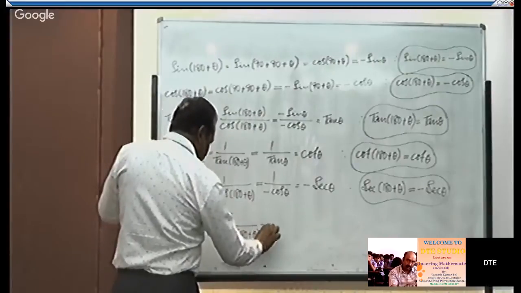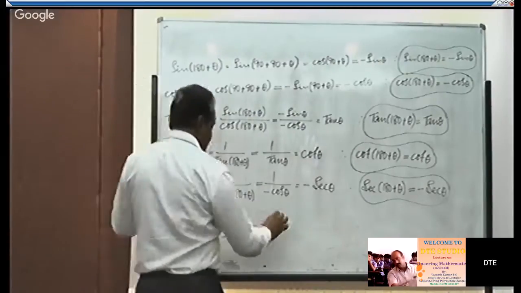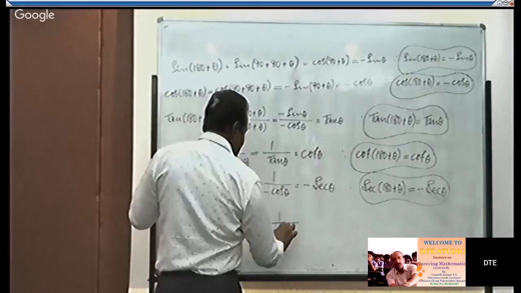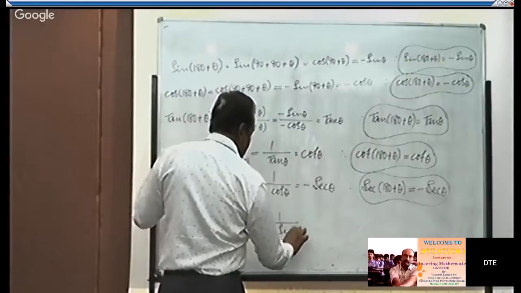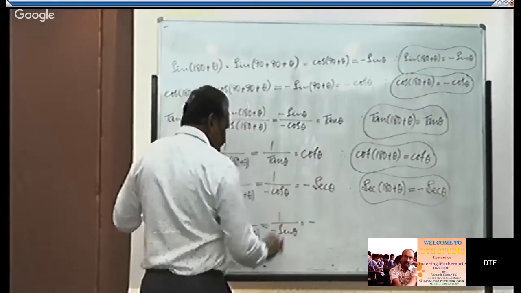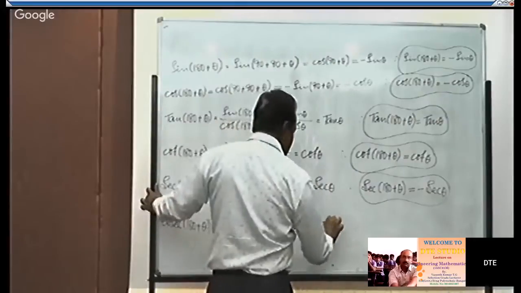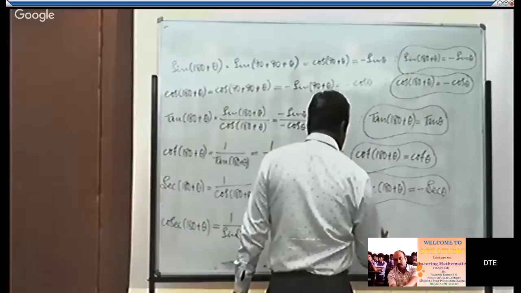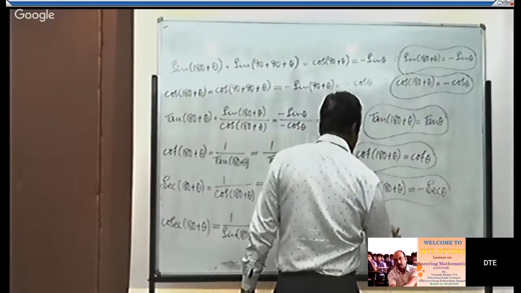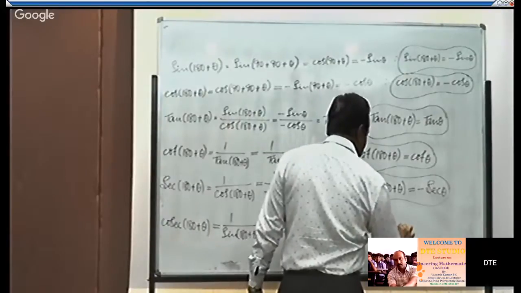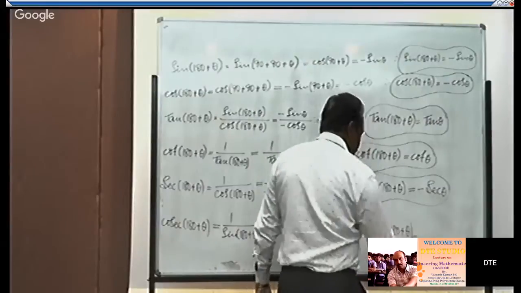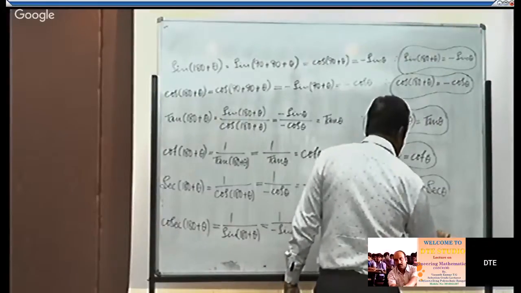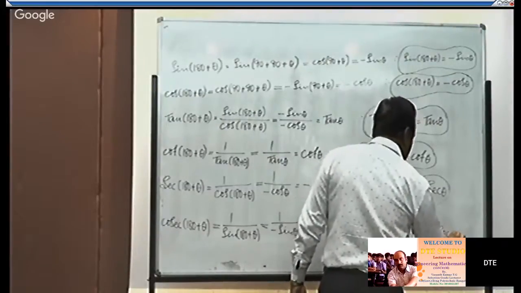We proved sine of 180 plus theta as minus sine theta, which gives minus 1 by sine. We know that it is cosecant theta. Thus, we say cosecant of 180 plus theta is always equal to minus cosecant theta.